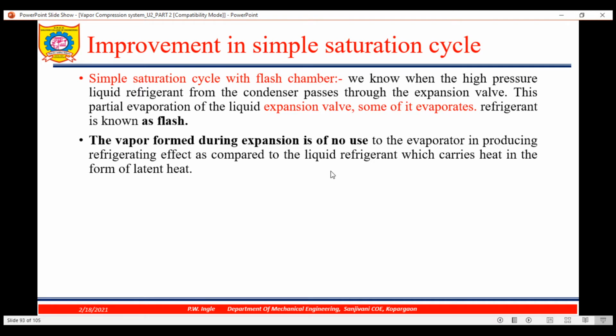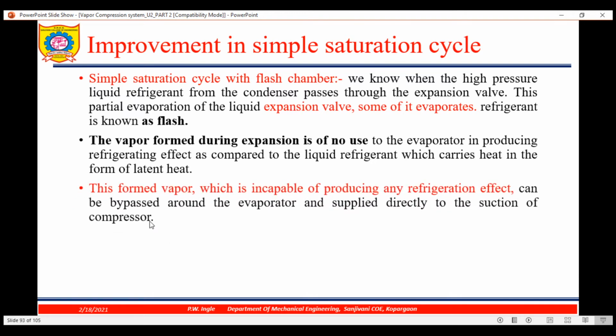The vapor formed during the expansion is of no use to the evaporator in producing refrigerating effect, because if you want refrigerating effect, the refrigerant which we are supplying to the evaporator should be in liquid condition. It should not carry any vapor.